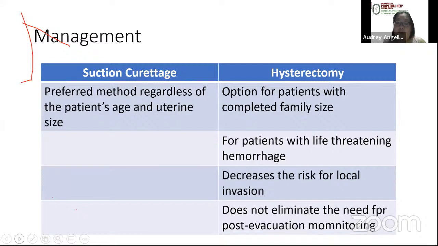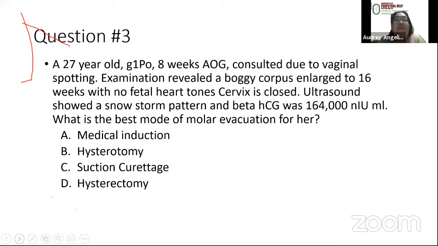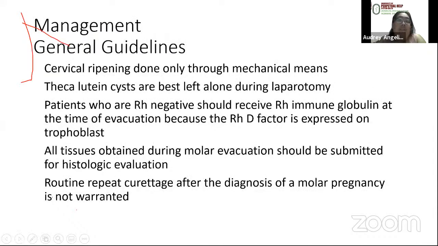Hysterectomy is reserved for those who have completed family size, patients with life-threatening hemorrhage, and those with a high chance of metastasis. The advantages and disadvantages of hysterectomy and medical induction are the following. So for this patient, the recommended mode of evacuation would be suction curettage.